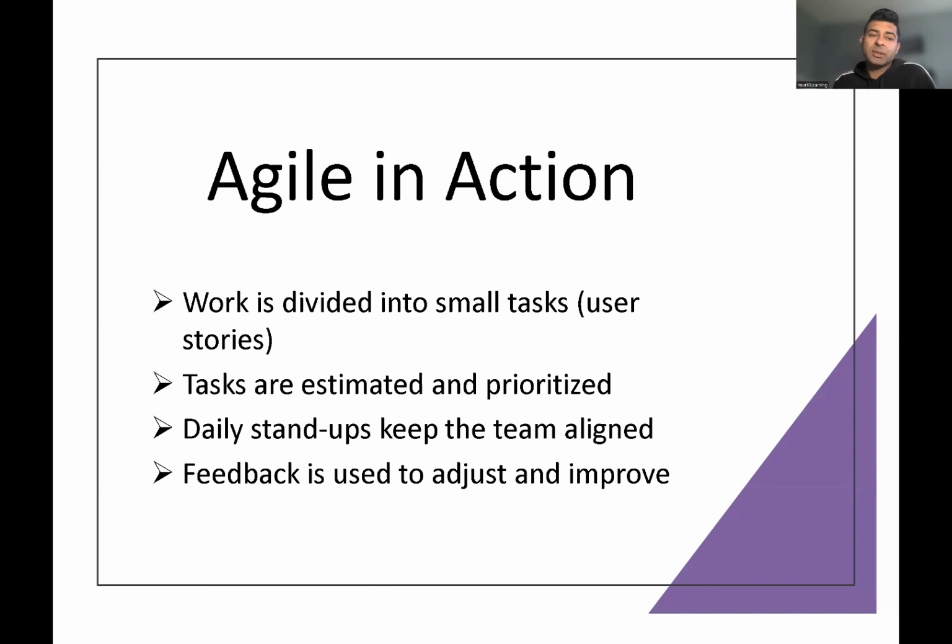Agile in action. Work is divided in small tasks, user stories, as I said, and try to keep your user story as small as possible. The smaller the user story, the easier to do, by you and even with the developer. I will say the larger chunk, it's hard to do, and hard to find out where the problem persists if it happens.